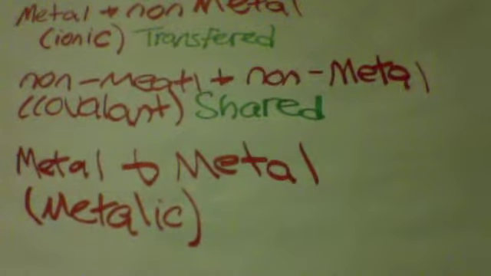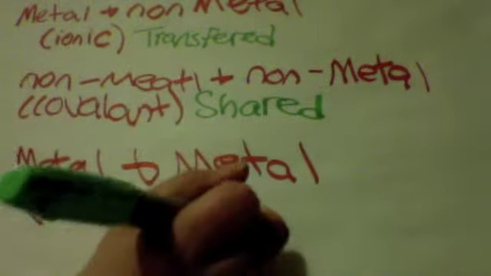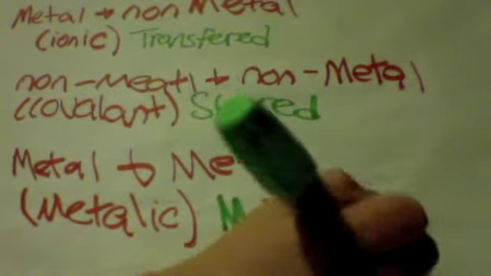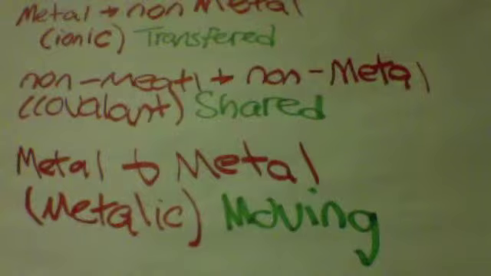And then with metallic, it's a metal and a metal, and with these, your valence electrons are moving within the metal, so moving. And those are the easiest way to tell what type of bond an element will make.